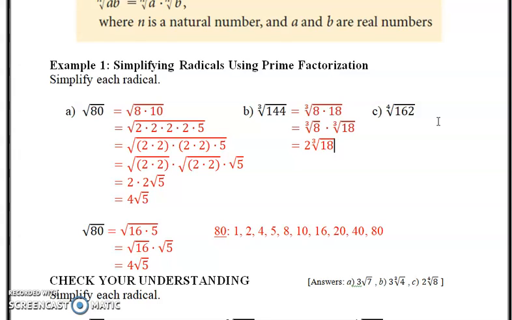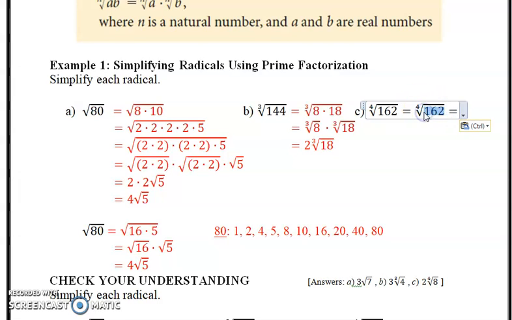And then the fourth root of 162, the factors of 162 would be 1 and 162, 2 and 81. Boom, you got it. 81 is a perfect fourth root. Okay, so you can take the fourth root of 81, it's 3. We did that earlier today.